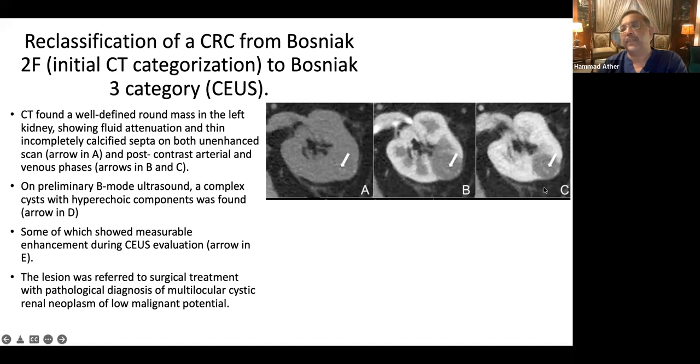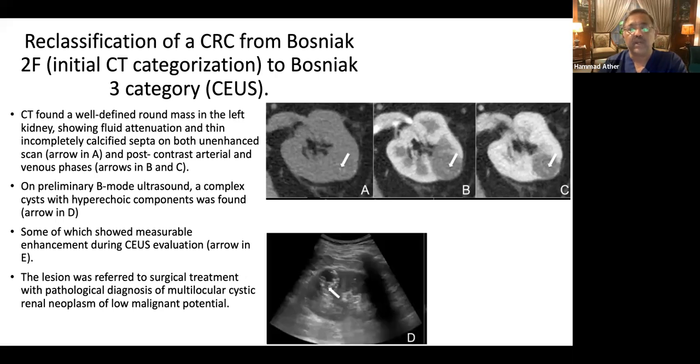You can see very subtle enhancement in certain areas with a very fine enhancement pattern, which probably gives it a little suspicion that it should be followed up rather than definitively characterized as RCC. Whereas on grayscale ultrasound, this is much better seen than even on contrast CT.